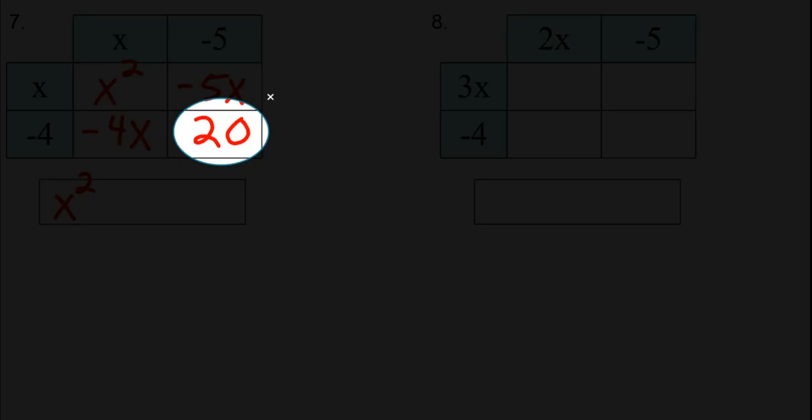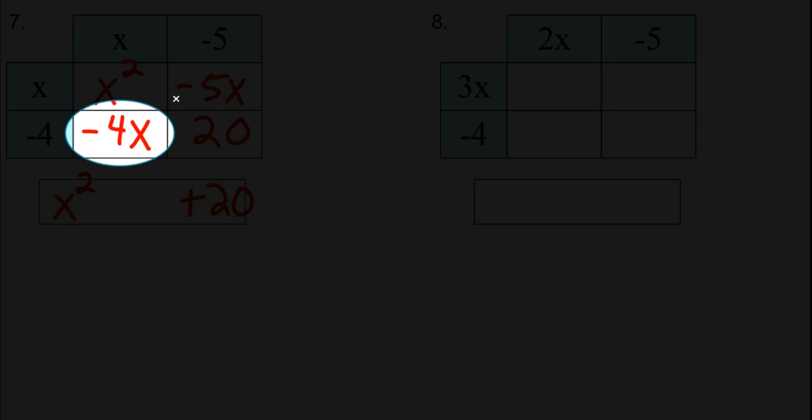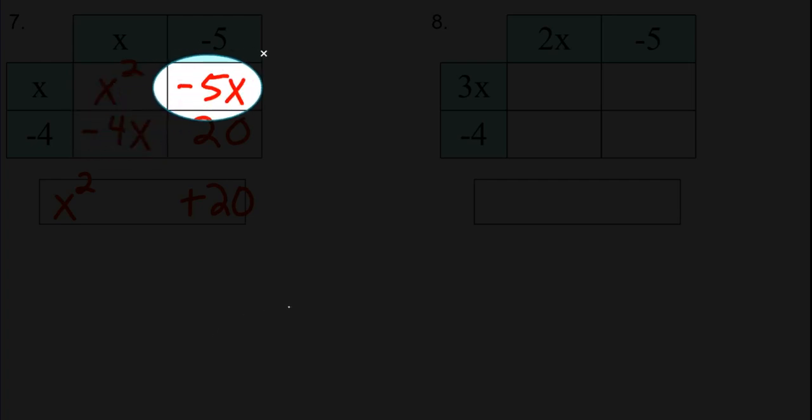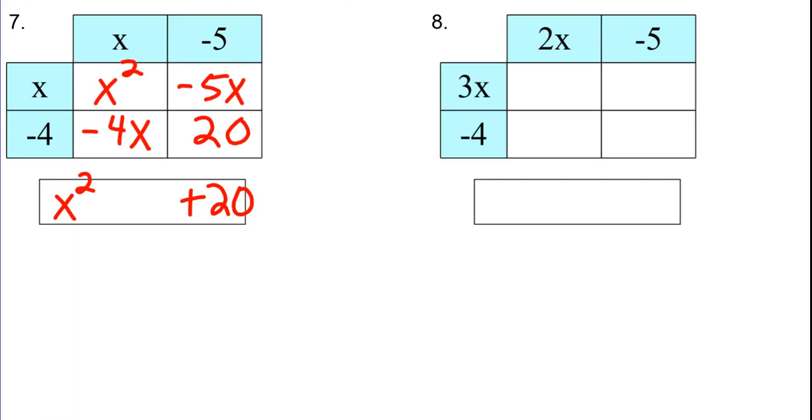There is no term like this one, and we will write it last because it has no letters. This term, though, is like this term because each term has an x. And since negative 4 plus negative 5 is negative 9, the middle term in the simplified result is minus 9x.